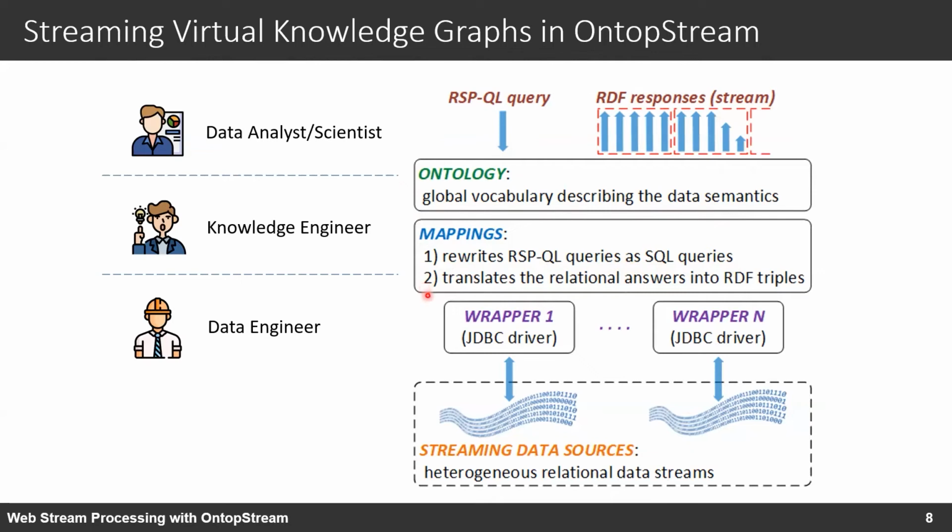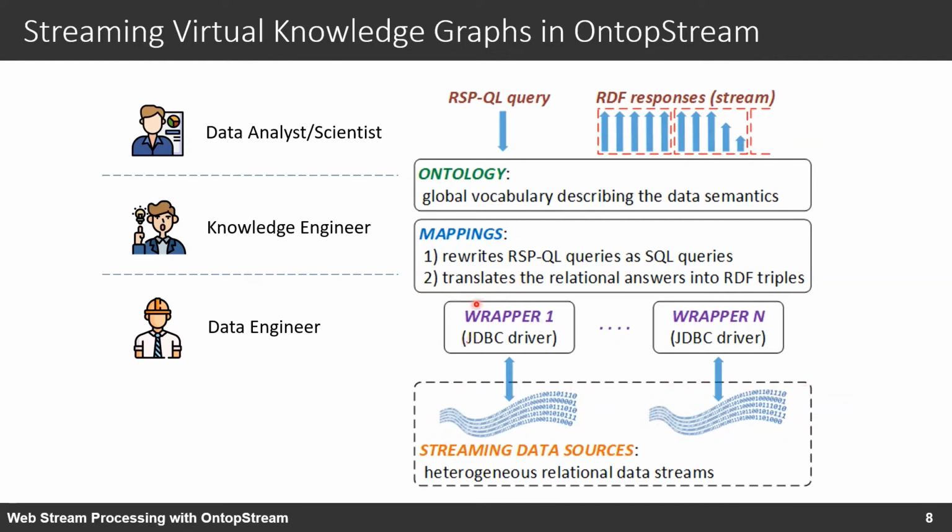So the result is that we will have a set of Flink SQL queries over one or more data sources. For example, here we can have a Kafka streaming data source or maybe a Hadoop streaming data source here.